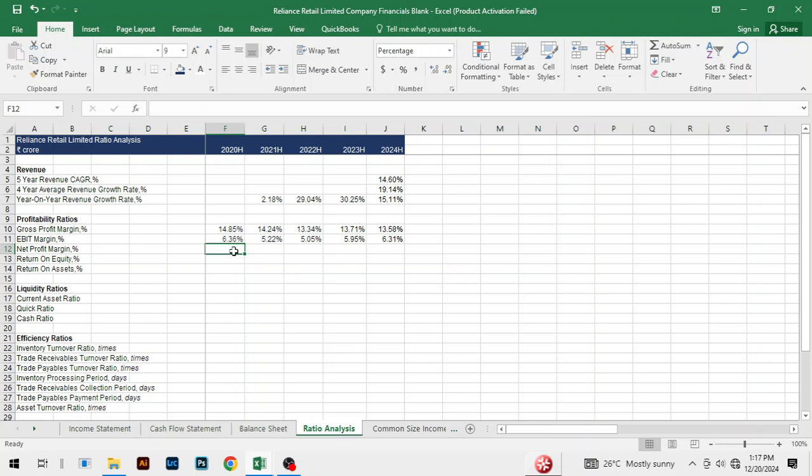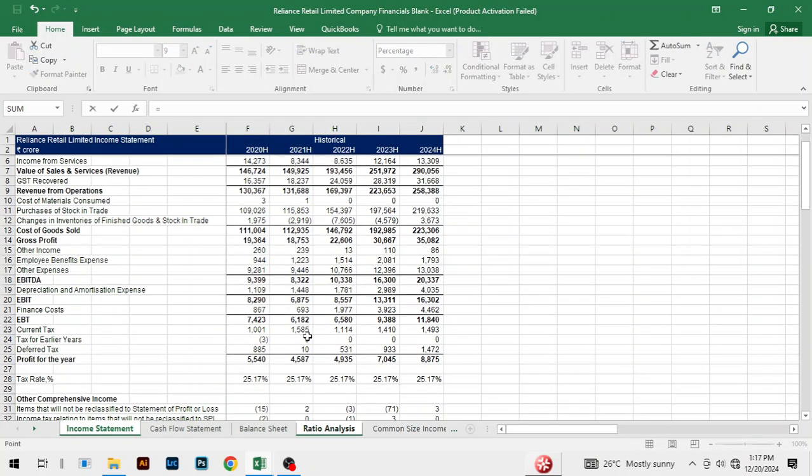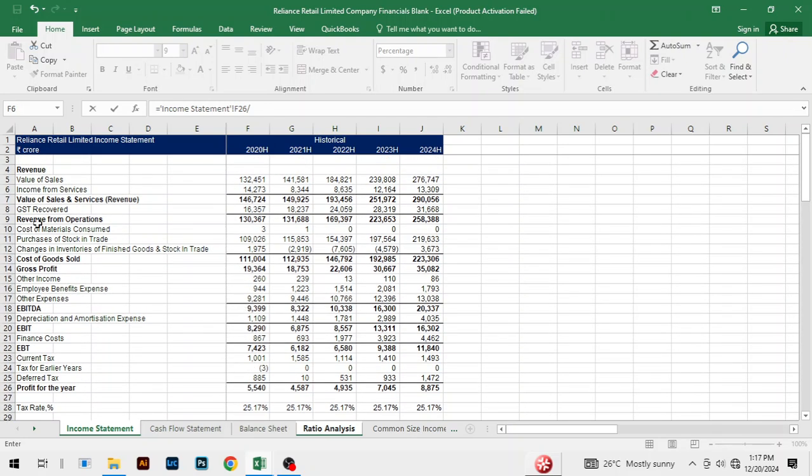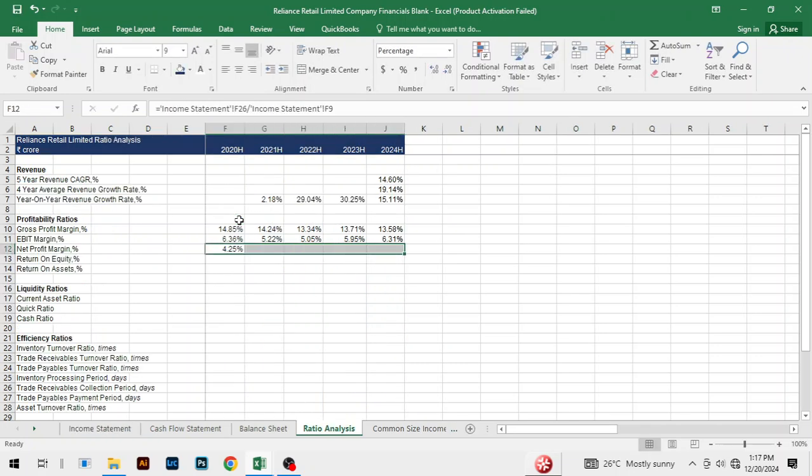So this percentage or this ratio just shows us the percentage of revenue left after accounting for overheads or business expenses. So let's just do that. We come here in the income statement, we pick the residual income, which is the net profit, and we divide it by revenue from operations, and then we copy that to the right.